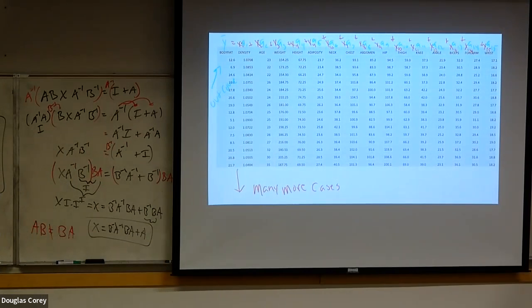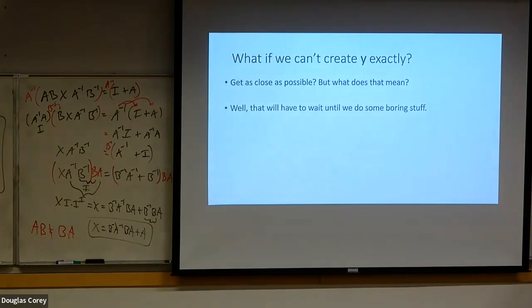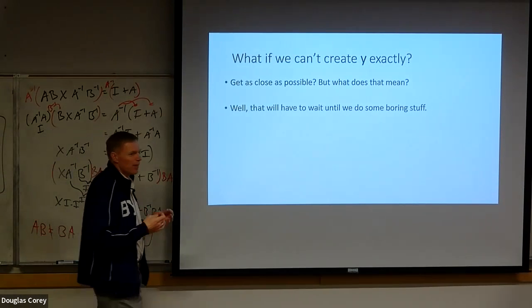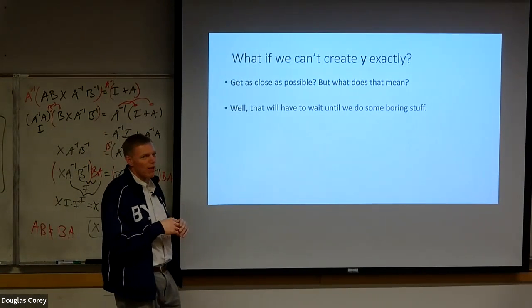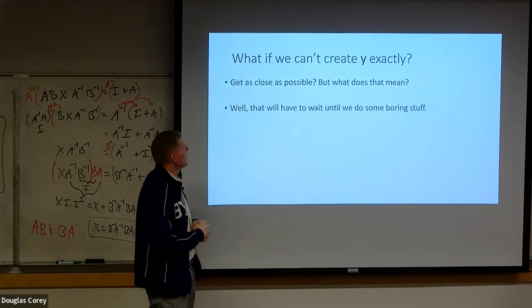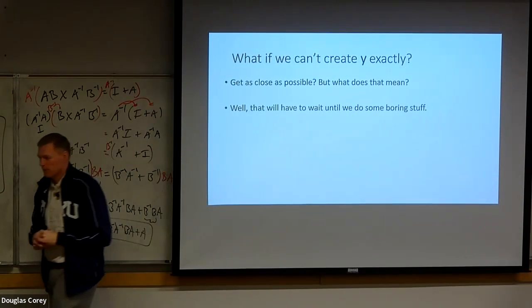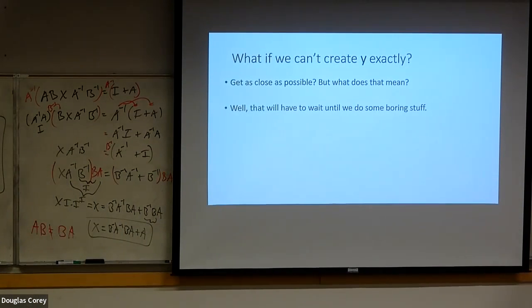So here we're trying to figure out that linear combination of all of those columns, like how to weight each of those, or the length of each of those, to get to y. If we can't get y exactly, that's when we're going to use some of the other ideas that we have, and we'll attack it at the end of class. So we can modify what we're going to do.